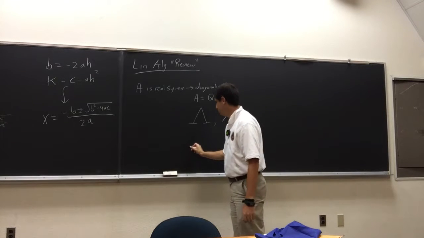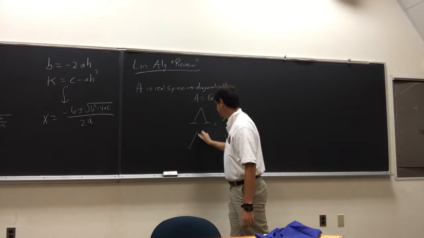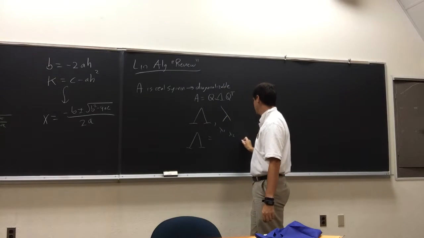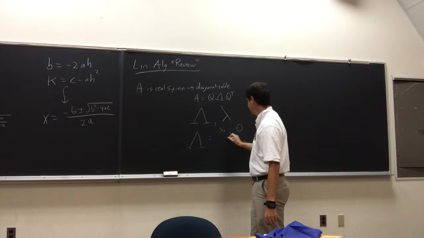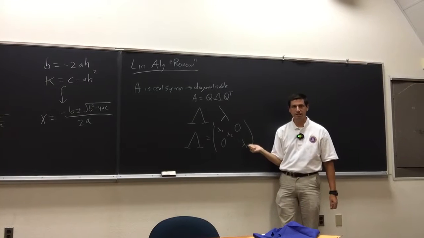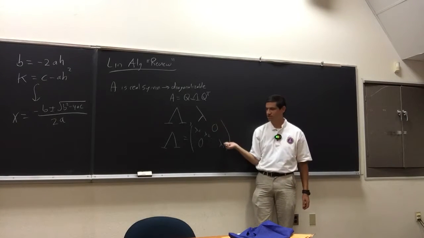Then what you typically do is the eigenvalues of the matrix are lambda 1, lambda 2, and so on. So we let capital lambda be the matrix with lambda 1, lambda 2, up to lambda n on the diagonal, and zeros everywhere else. Since the eigenvalues are denoted by lowercase lambda, we use a capital lambda to represent the diagonal matrix whose entries are the eigenvalues.